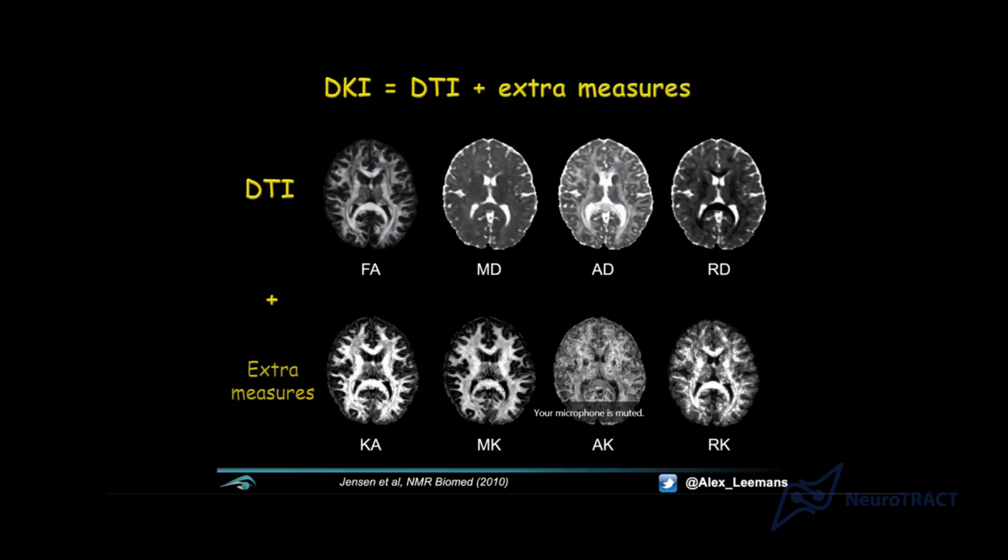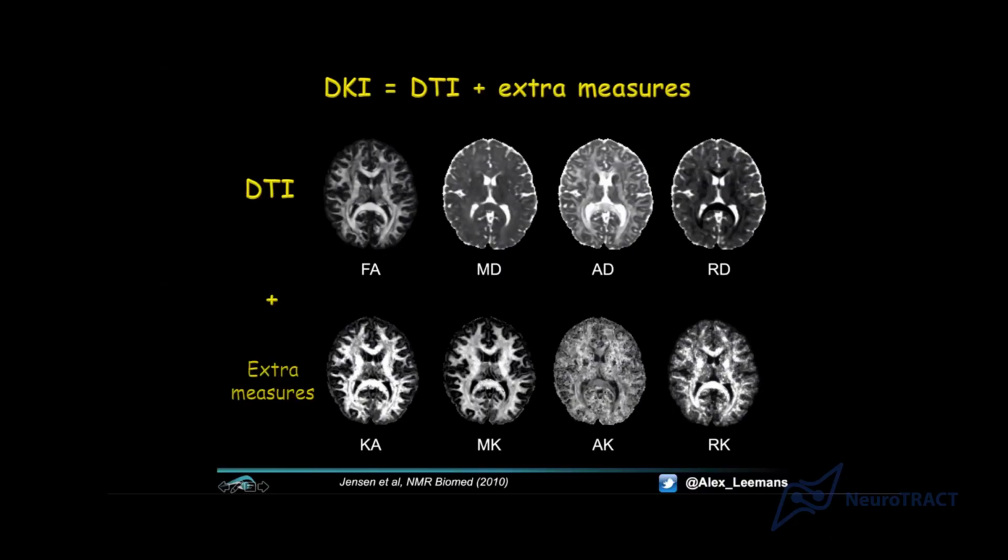How does my diffusion differ depending on the orientation? Well, same with kurtosis anisotropy. To what extent does my kurtosis change as a function of orientation? So you got kurtosis anisotropy.